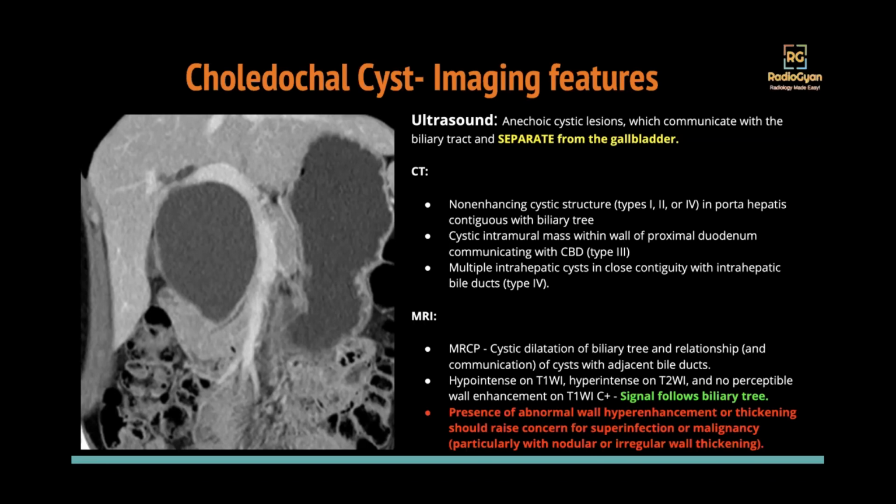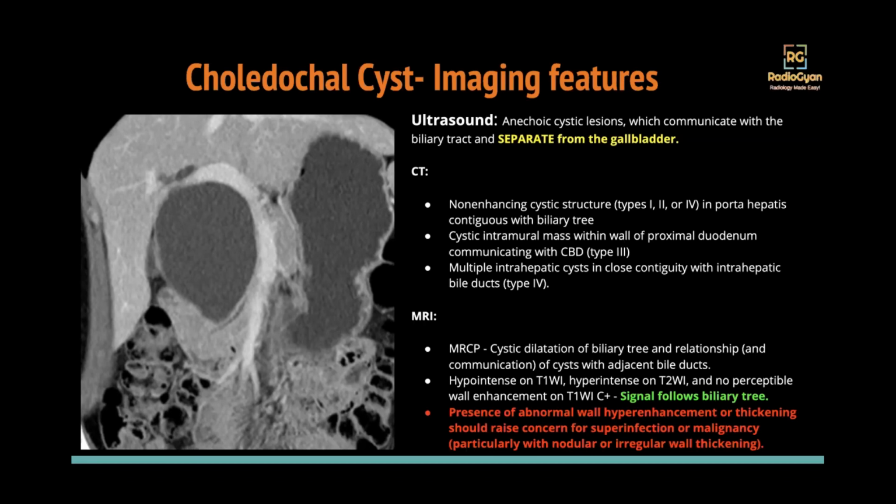MRCP is the imaging modality of choice because it will show all the dilated bile ducts and their communication with the biliary system, which we may not be able to see on CT or ultrasound because of the higher resolution of MRI. So MRCP is the investigation of choice.